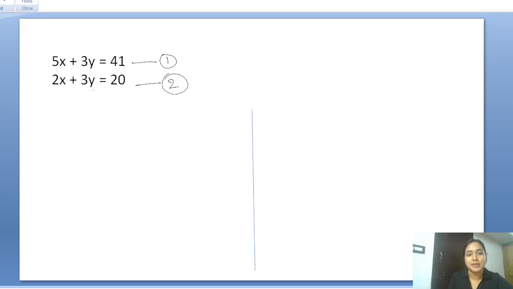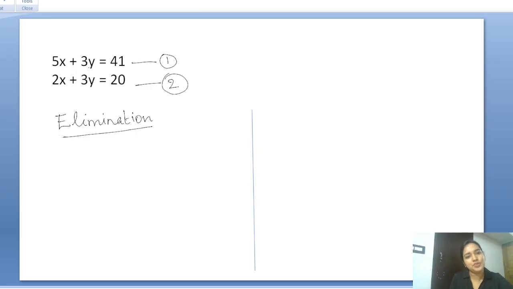Now substitute the value of y in any equation, you'll get the value of x. So our first step in solving this simultaneous equation is elimination. Okay, so I'm going to eliminate one of the variables by adding or subtracting the two equations.